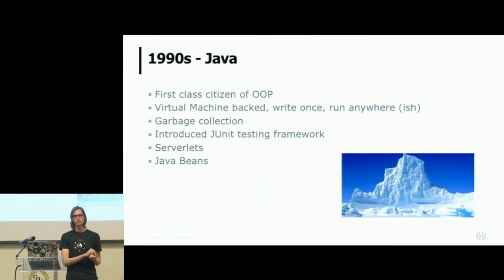And Java, I mentioned it briefly, but we've got a lot to thank for in the 1990s for the Java project. I think because it was this first-class citizen of object-oriented principles, it started to change the way that languages were evolving. It was also virtual machine backed.